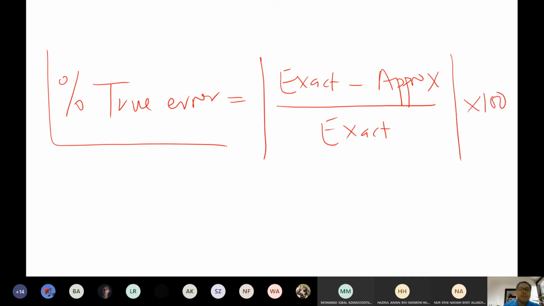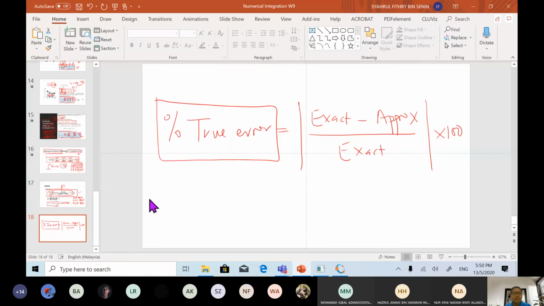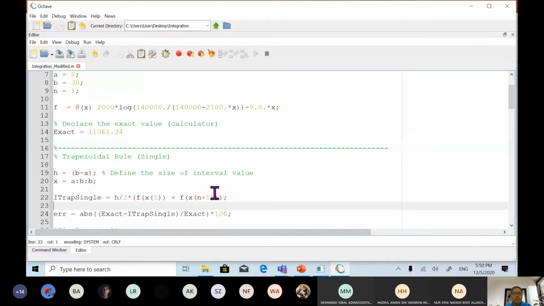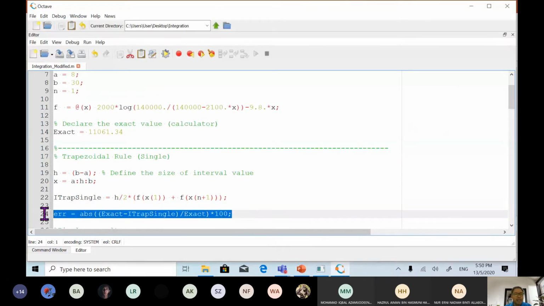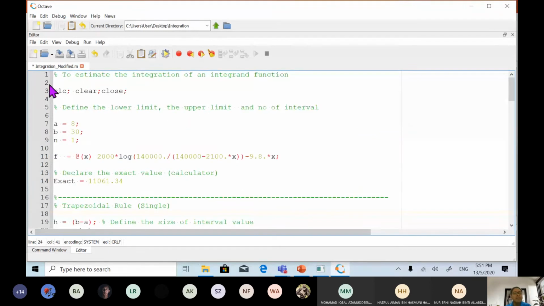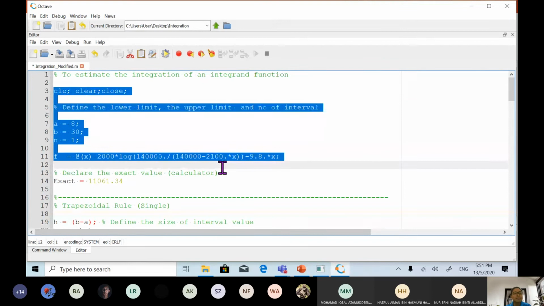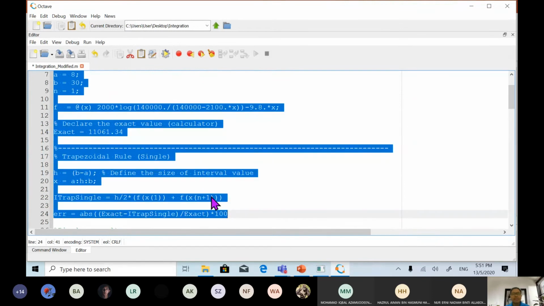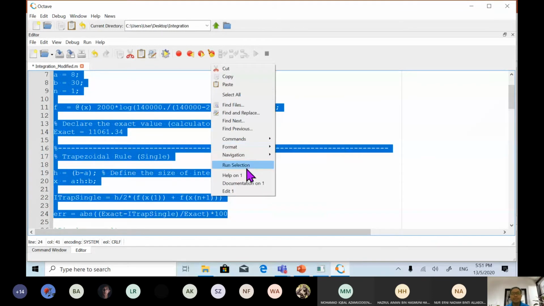So this is how I get my percentage of true error, by deducting the approximate from your exact and dividing back by the exact, times 100. That is coded in Octave by this line. I want to see the output of this, so let's run it and see what the output is.